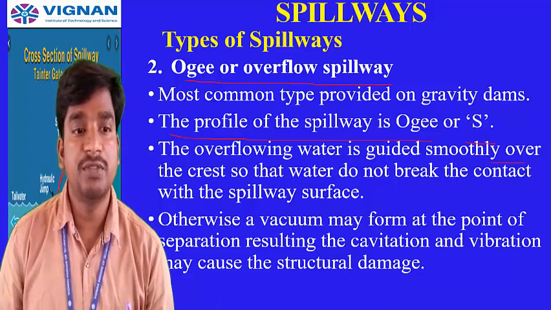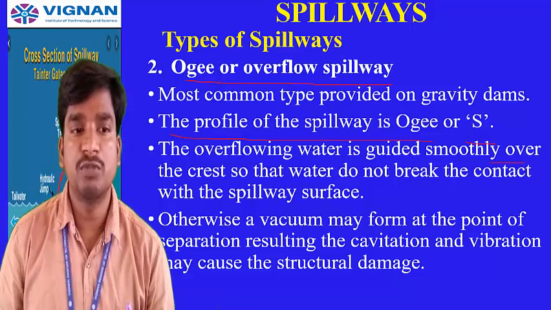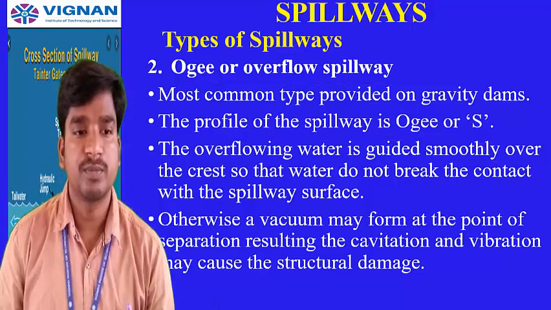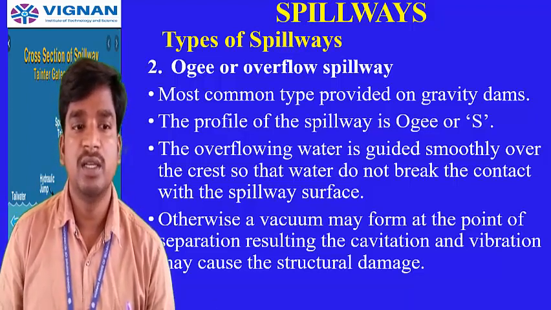Otherwise, if there is no contact between these two, let us assume a vacuum is formed here. In that particular case, let us assume that at this particular place, water is not in contact with the surface, so a vacuum is formed.